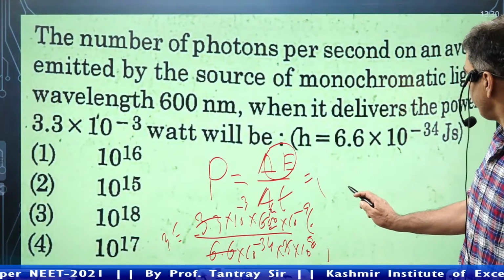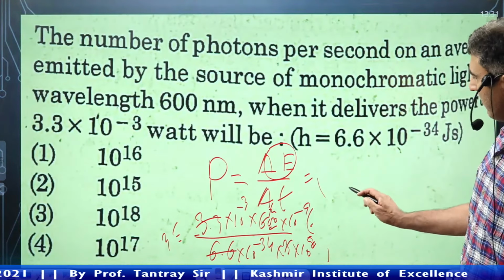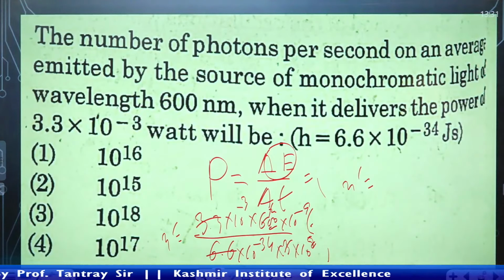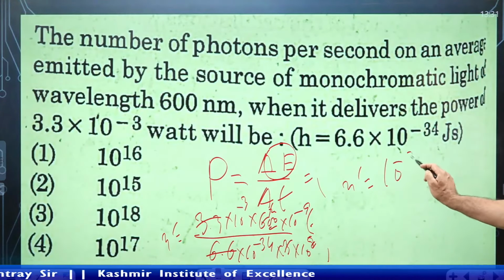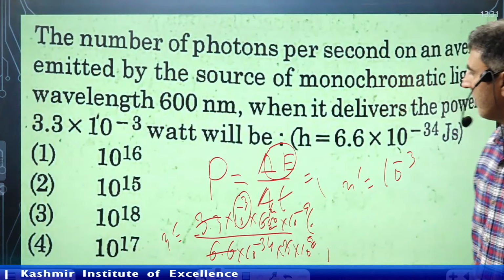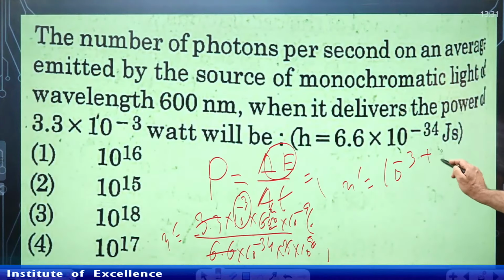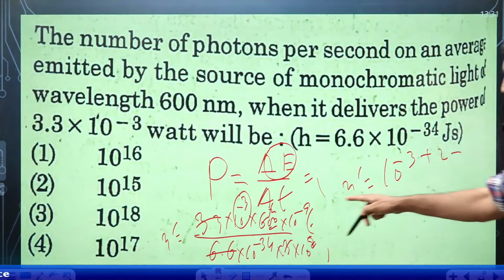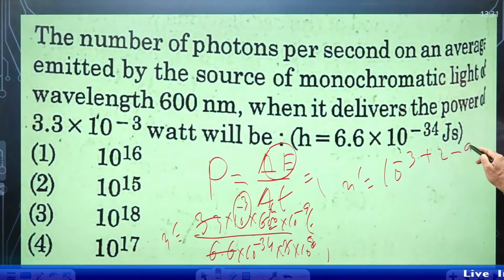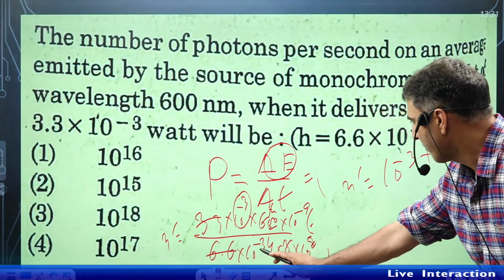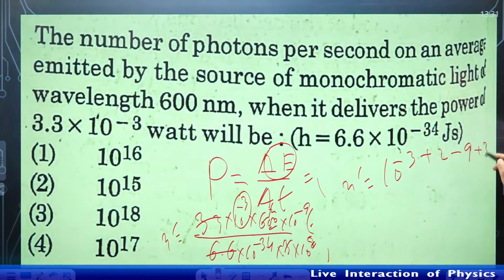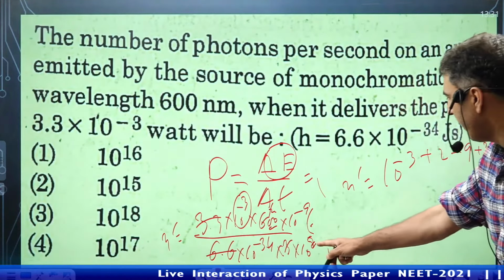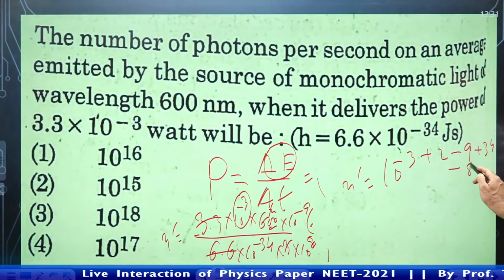It is n is equal to n prime is equal to 10 raised to the power minus 3 here. Then it is plus 2, these 2 zeros, minus 9 plus 34 plus 34 and minus 8.